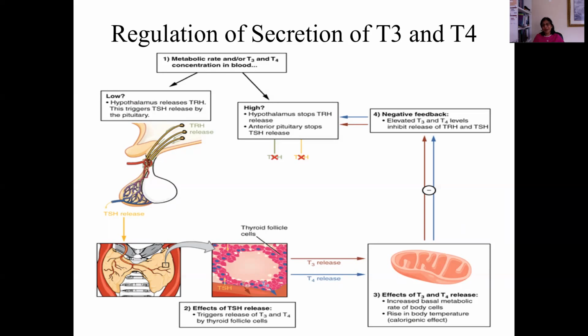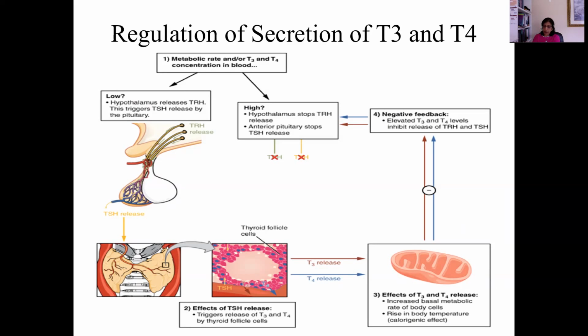There are so many ways we need to use ATPs, and the rate at which we produce ATP is determined by the amount of T3 and T4 that exists in the body.